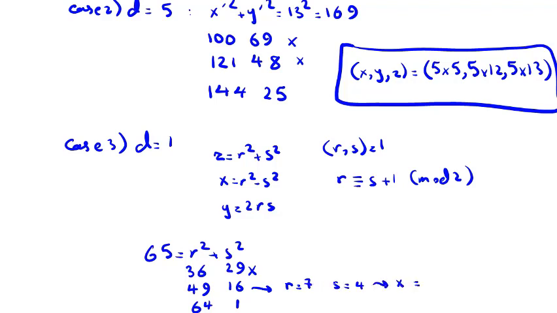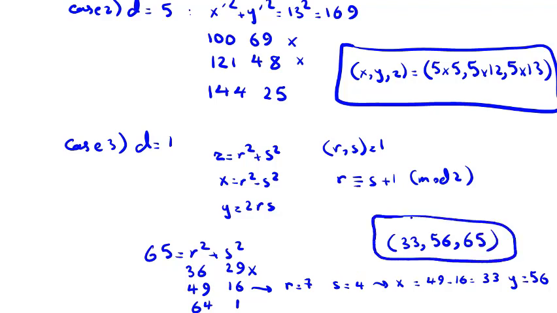So x is what? r squared minus s squared. 49 minus 16. It will be 33. And y is what? 2rs. 2 times 4, 8, 8 times 7 is 56. So one other answer that we found is x 33, y 56, and z is 65. Another answer we found.